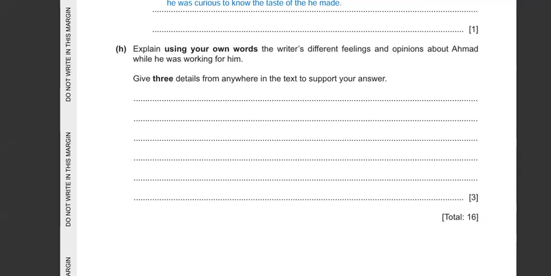So here you have been directed to talk about the interaction the writer had with Ahmed. The structure of this question is going to be feeling plus evidence, right? For example, if you say that he felt very comfortable working with Ahmed, you have to provide the reason why he was feeling comfortable, right?